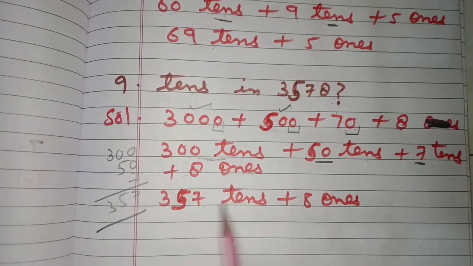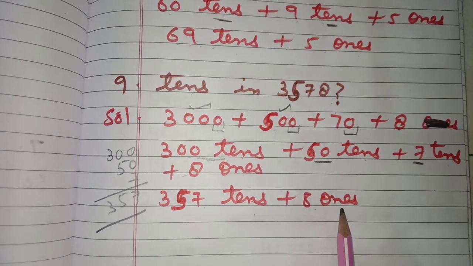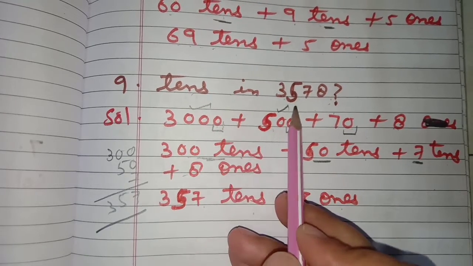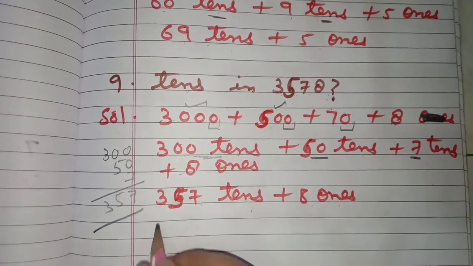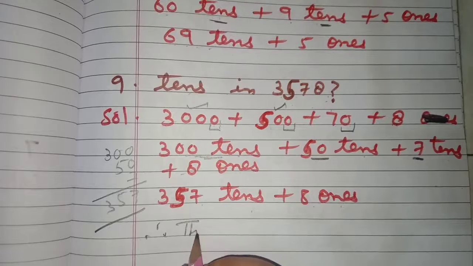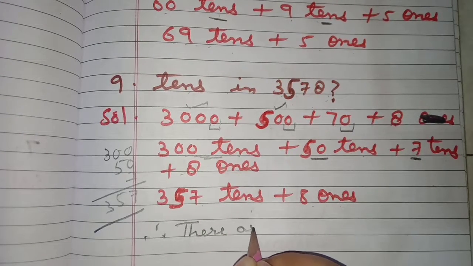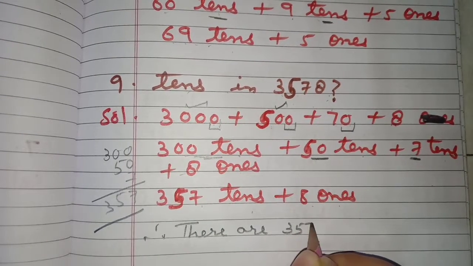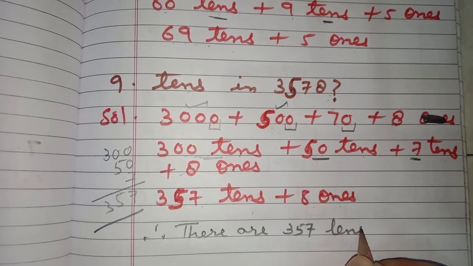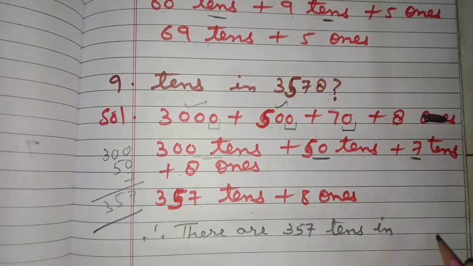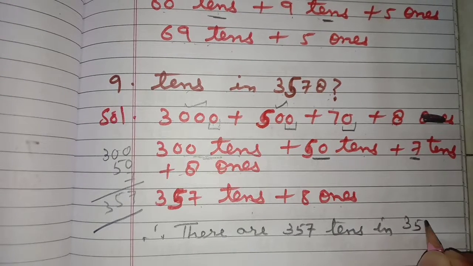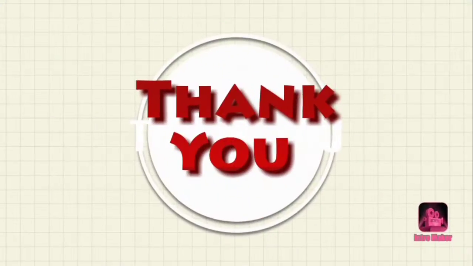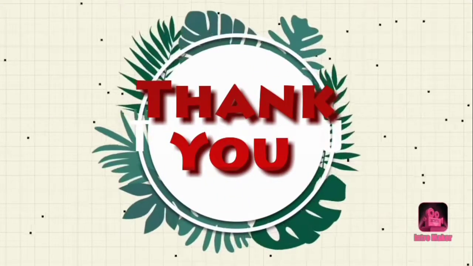It means 357 tens plus 8 ones. So how many tens are there in 3578? We can say there are 357 tens in 3578.